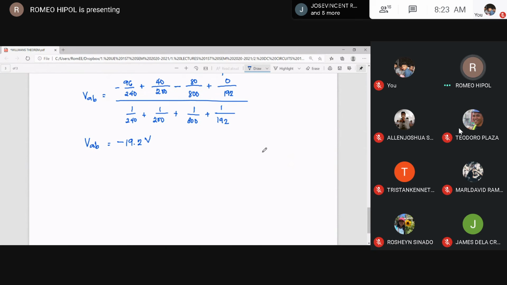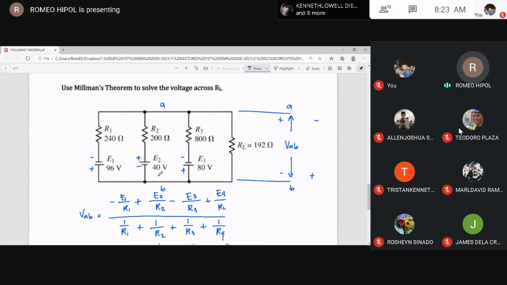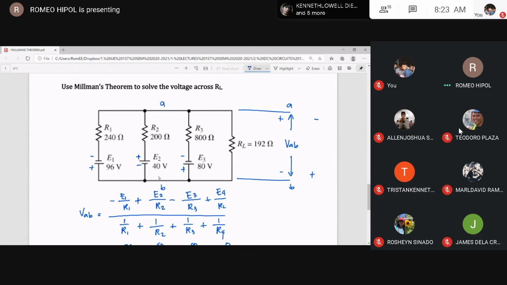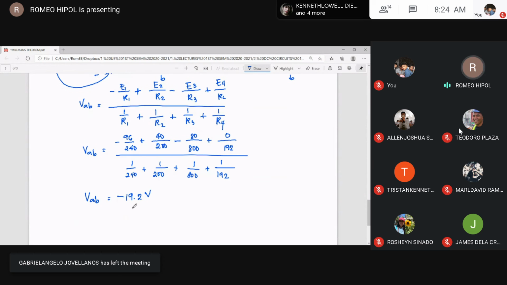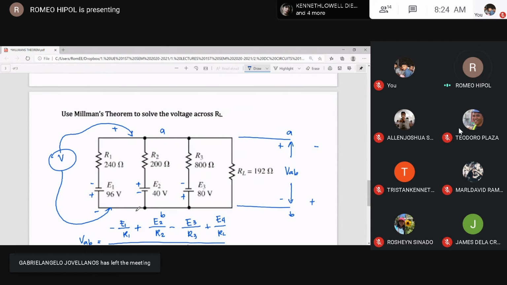Kumbaga, in actual, measure lang din kayo ng voltage using voltmeter. Ito yung positive terminal nyo initially na naiset. So, ito yung reading from the digital meter. Negative 19.2 volts. Pero, kung pagpapalitin nyo naman yung polarity, maging positive na, meaning nasa actual or nasa true connection kayo.